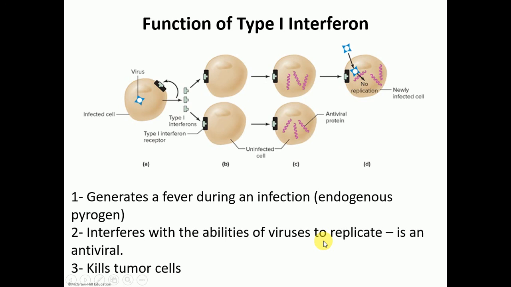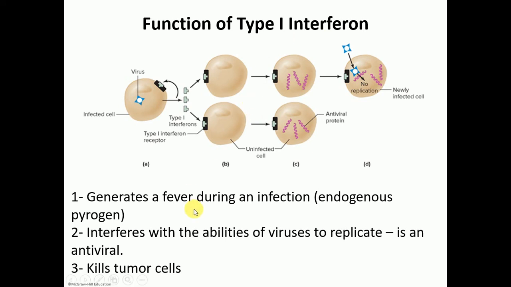So type 1 interferon is considered an antiviral, and it also kills tumor cells. You really want to keep that in mind, because a lot of the research done nowadays, whether it's on how to treat different viruses or how to kill tumor cells using our own immune system, involves the type 1 interferon, or interferon 1.